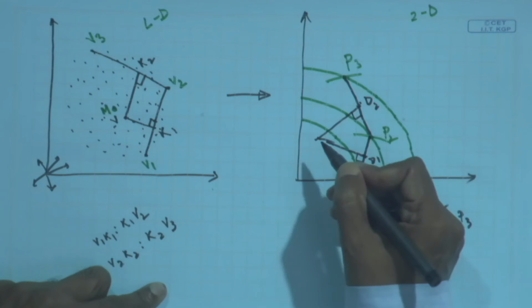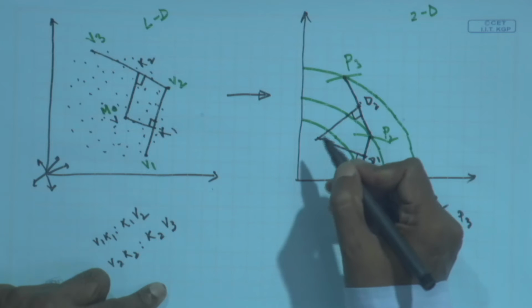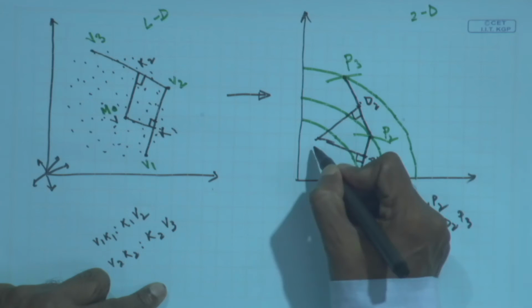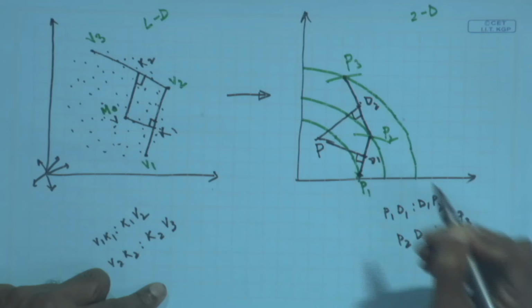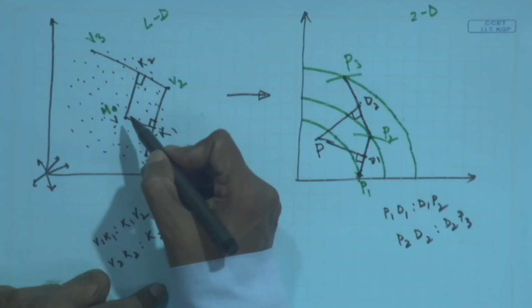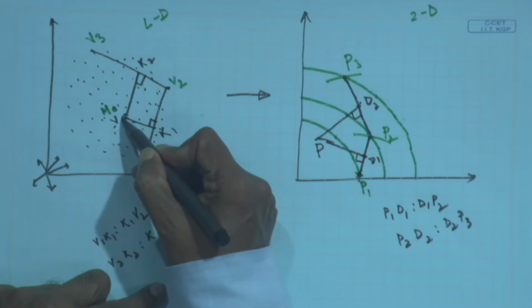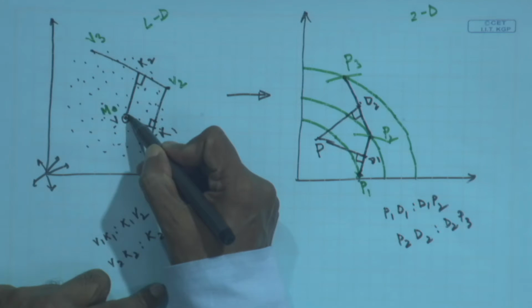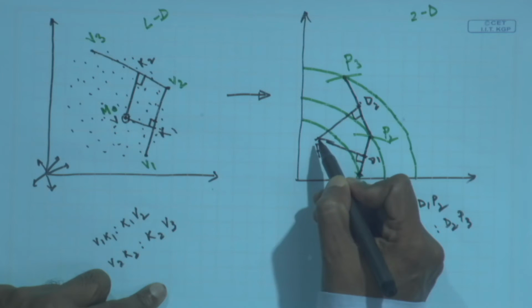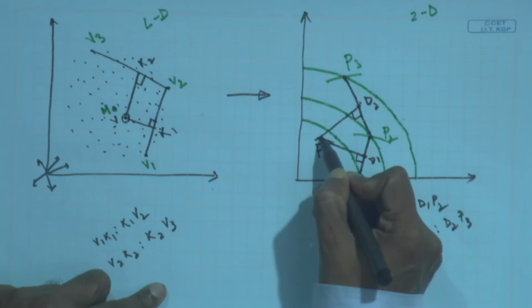These two perpendiculars meet at a particular point, which is the point P. By doing this, the point in higher dimensional space can be mapped approximately to the point P in the 2D plane.